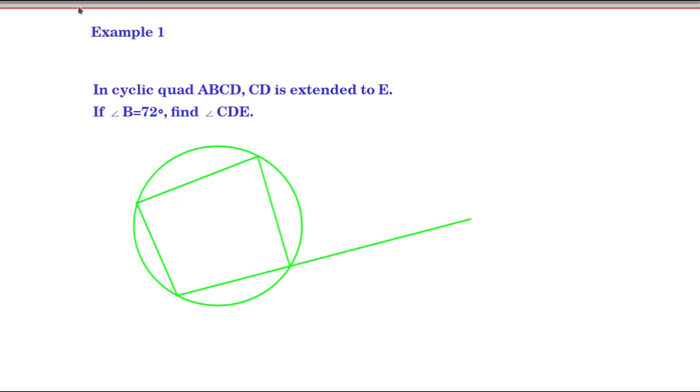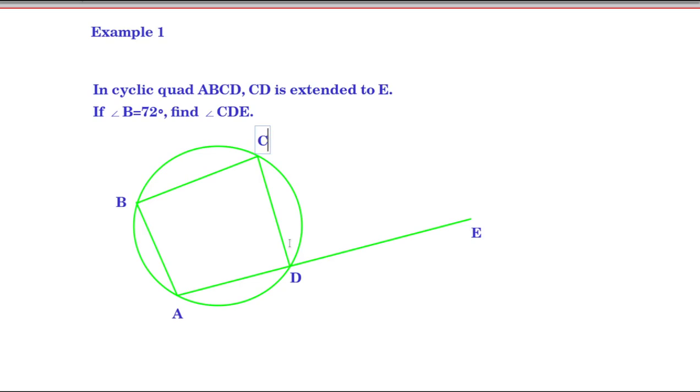So basically this is what we have, and then this should be D, so that it's being extended to E. And then this is A, B, C, then D, like that.